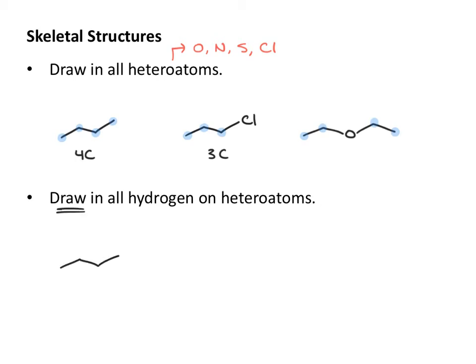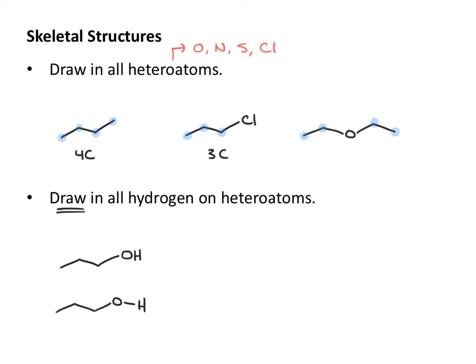So let's say this chain ends with an oxygen. You can't just leave the hydrogen off of there. So we know the oxygen has 2 bonds, and we have an OH group. So you need to draw that in. You can attach it directly to the oxygen or draw a bond.